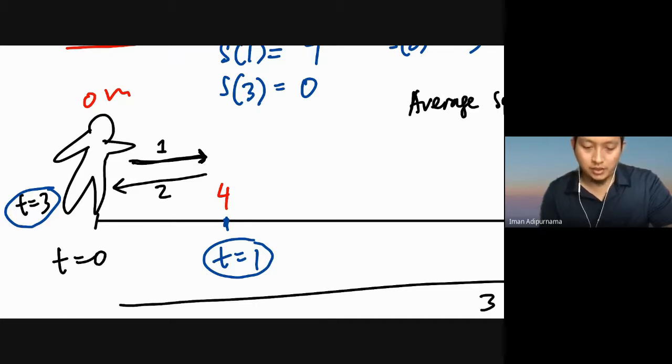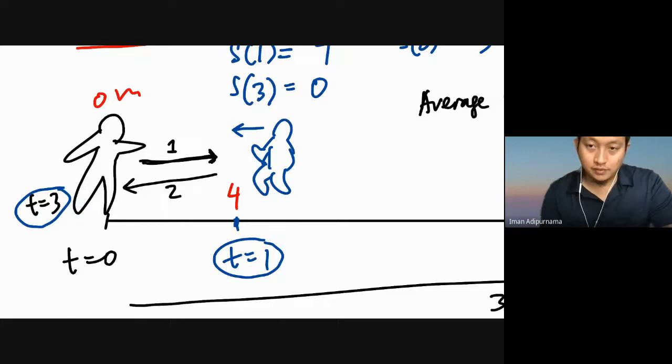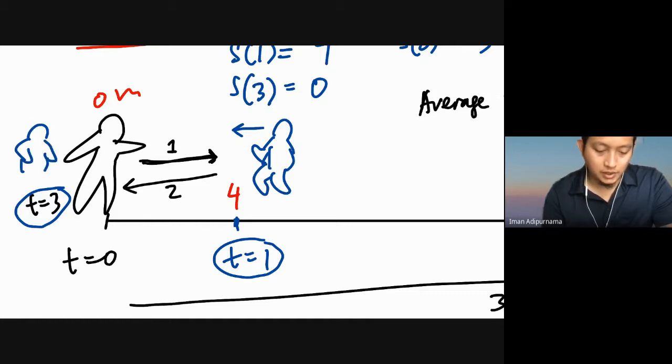Let me draw, making it go to the left there. So he is going to the left, and when you have reached t equal 3, you then move again to the right. So this t equal 1 and t equal 3, we call our turning point.